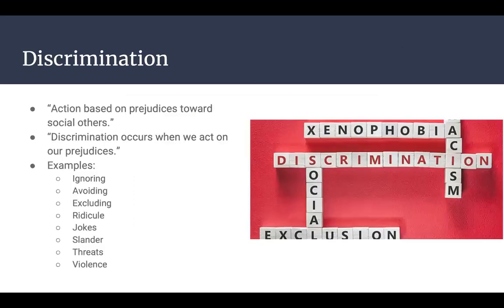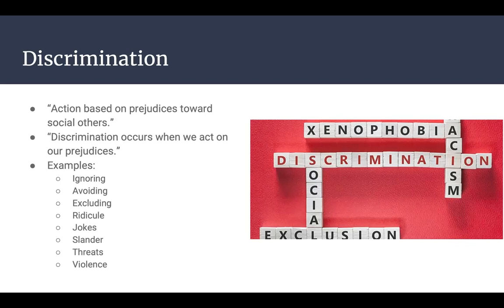So now let's look at discrimination. Discrimination, according to the book, is action based on prejudice towards social others. So if we know that prejudice is these preconceived notions of people, of social groups, then discrimination is the action. Let's focus on that word.